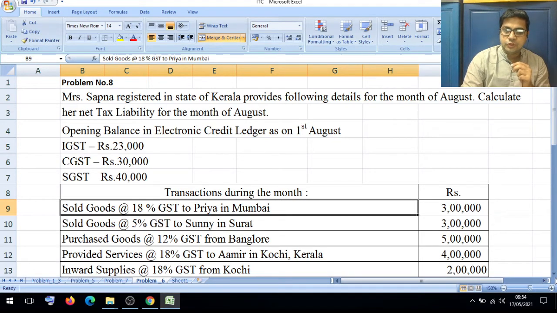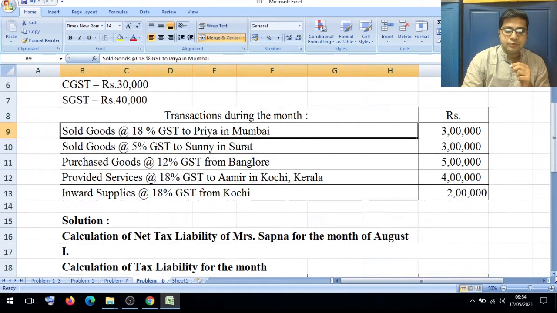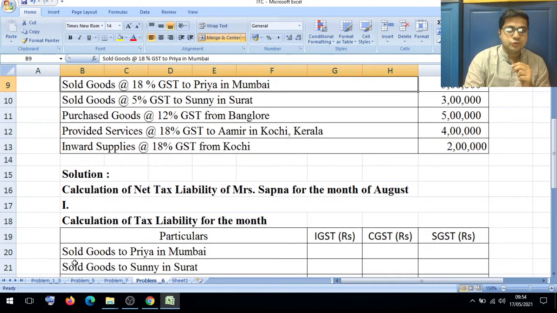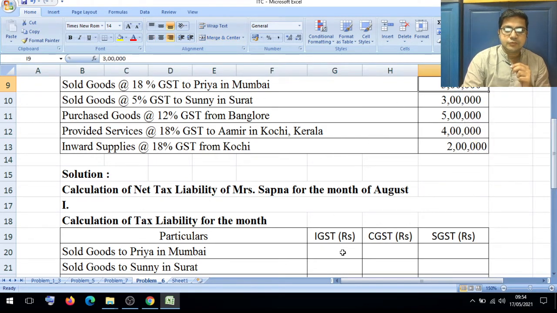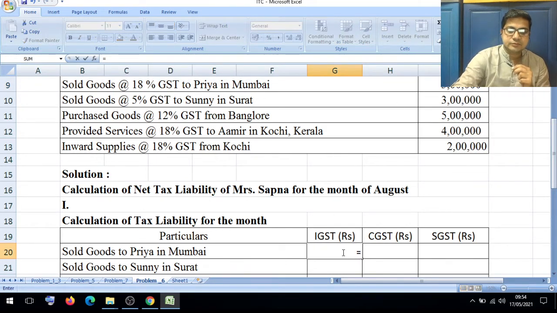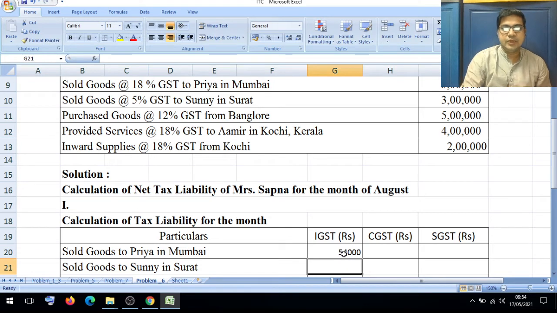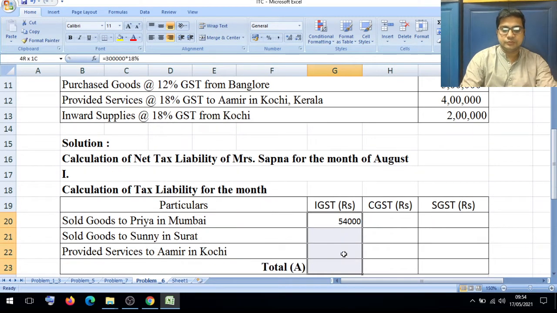So the amount of goods sold is 3 lakhs, so we write here: sold goods to Priya in Mumbai, total amount 3 lakhs. On 3 lakhs, we have to charge 18%. That is 54,000.